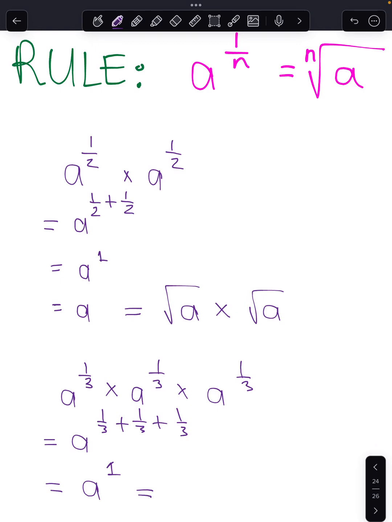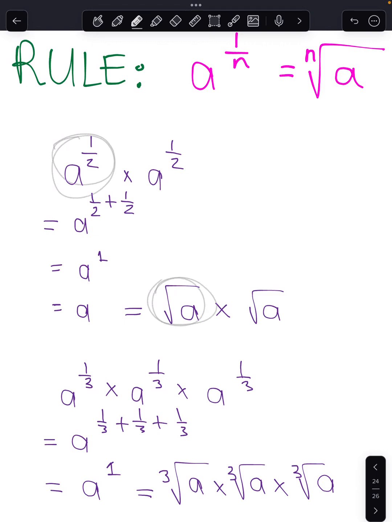But that is also the same as the cube root of a times by itself 3 times, right? So we get this idea that a to the half should be the same as the square root of a, or a to the third should be the same as the cube root of a, and so on.